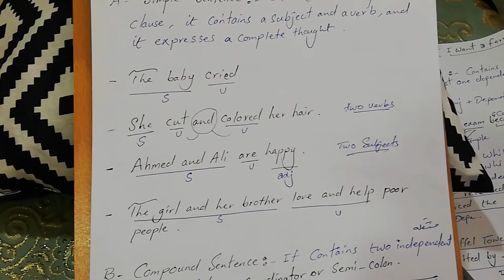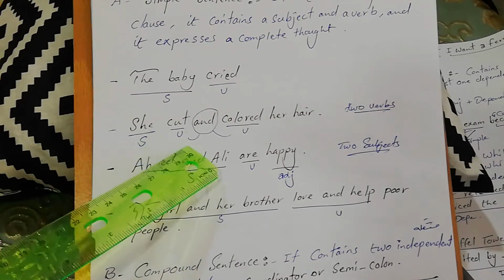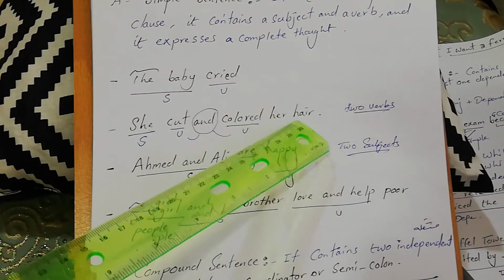مرات الجملة simple sentence تتكون من فاعل وفعل، مرات تتكون من two subjects and two verbs، مرات من two verbs and one subject، أو مرات من two subjects and one verb. Here I say: she cut and colored her hair.